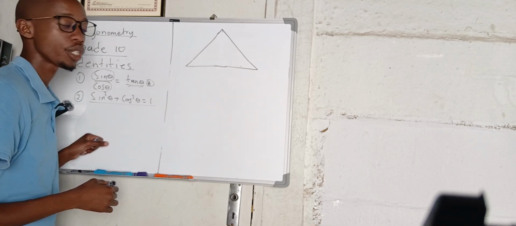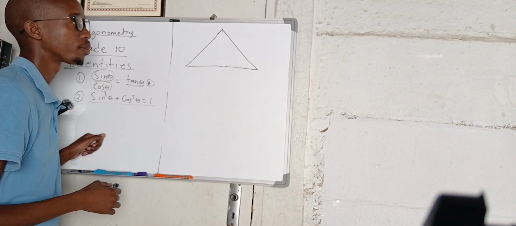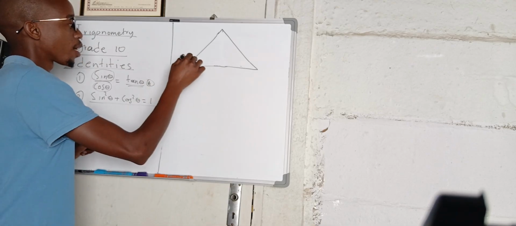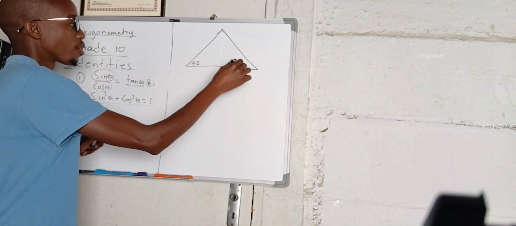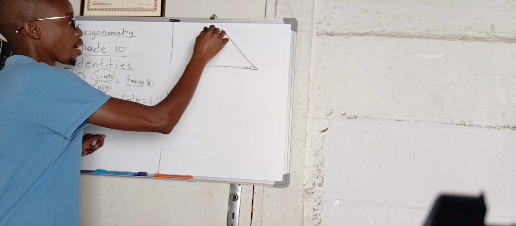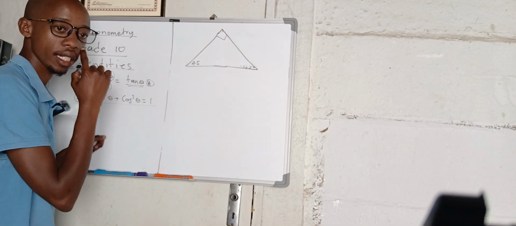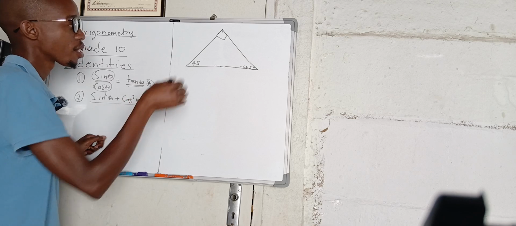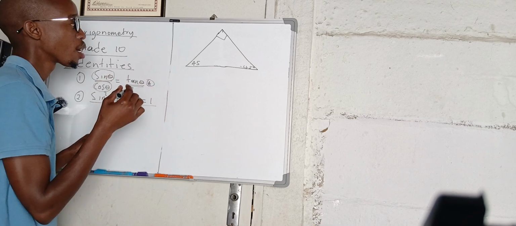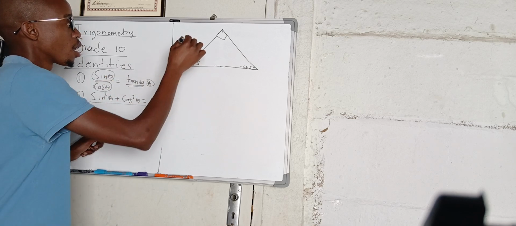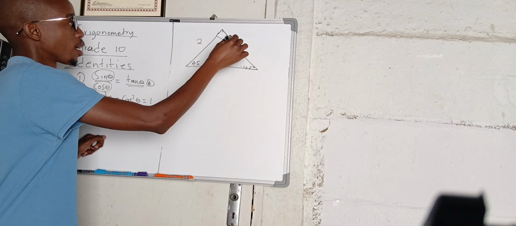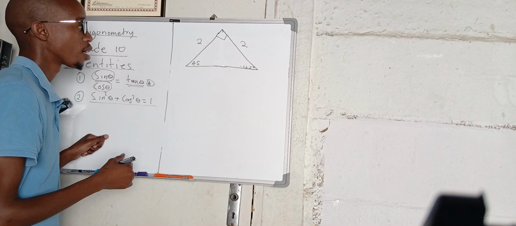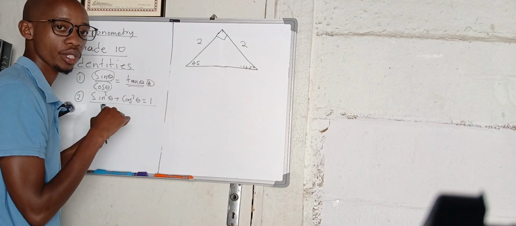A triangle in which, if I have 45 here and 45 here, and then 90 degrees, some of those angles in that triangle are equal to one another. If maybe this is the right angle triangle, in simple terms, I have a 2 here and a 2 there, so I'll have to find the hypotenuse.